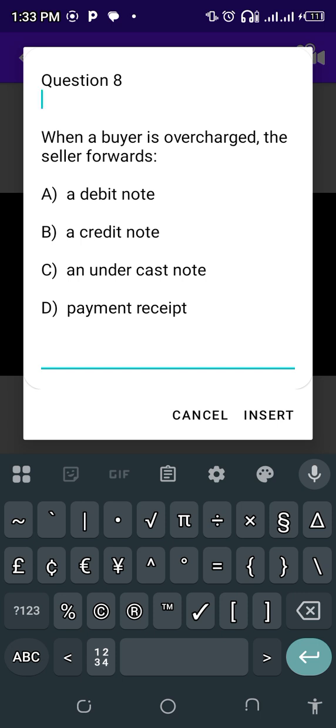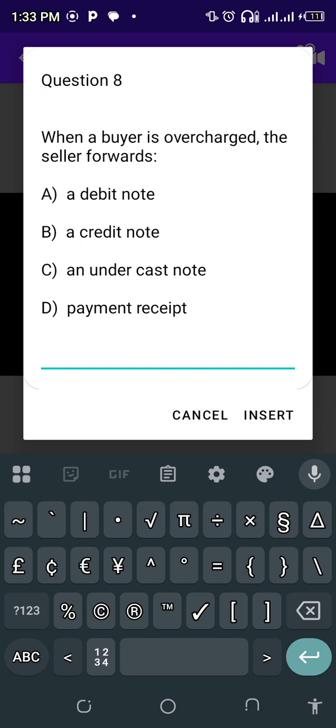A debit note is usually issued either by the seller or by the buyer. If it is issued by the buyer, then the buyer is reporting an overcharge to the seller. And the seller will respond after verifying the overcharge with a credit note.